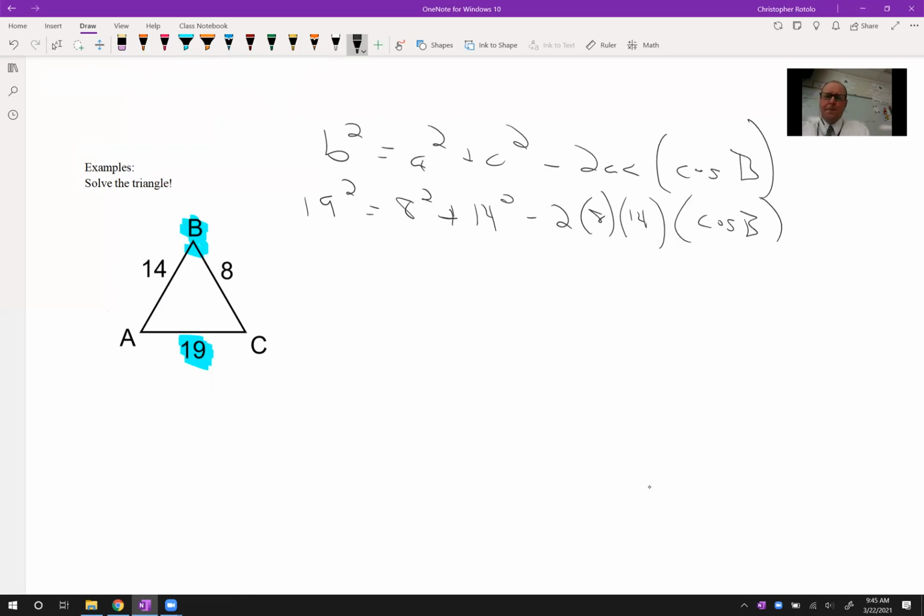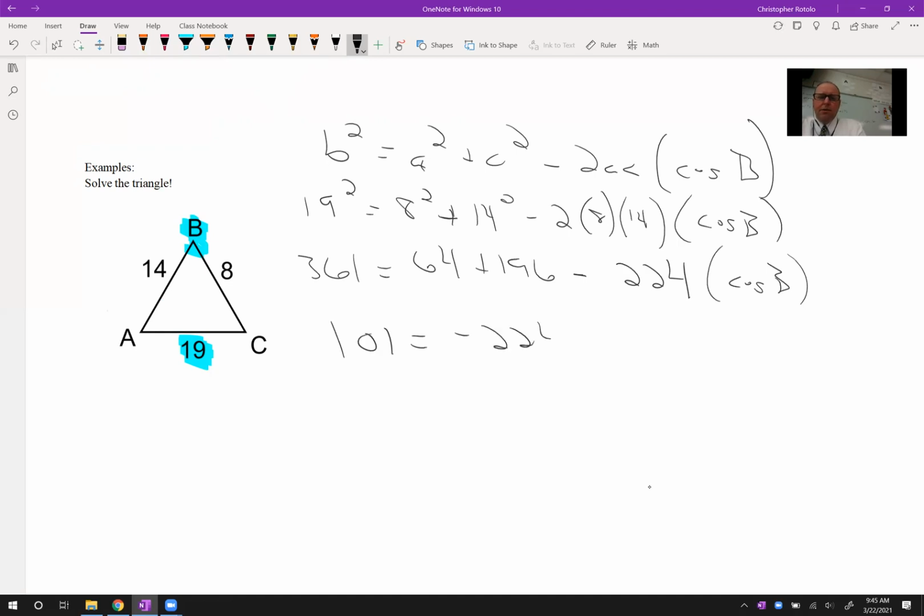All right, so let's get some numbers in here. 361 equals 64 plus 196 minus 224 cosine of B. So we have a bunch of things we can put together. Maybe I move my positives over, so I'm at 101 equals negative 224 cosine of B. So I can divide by negative 224.